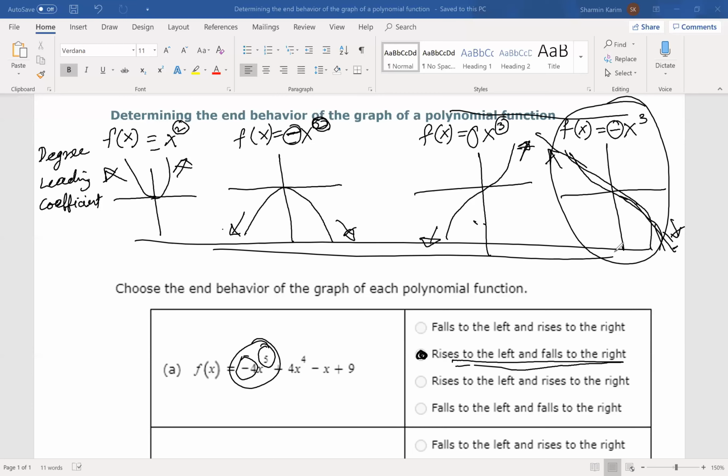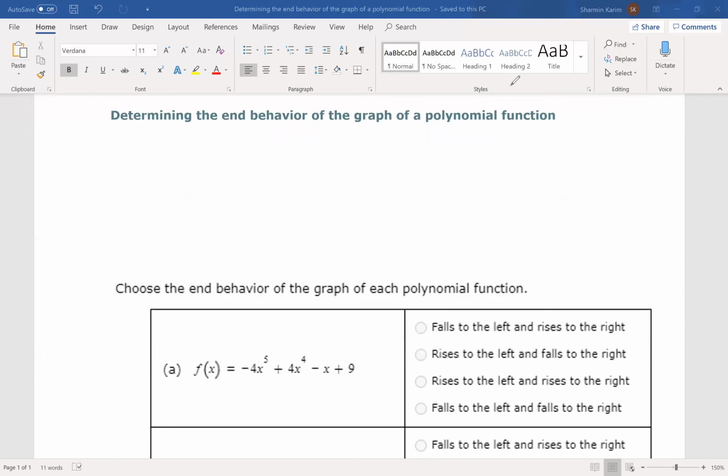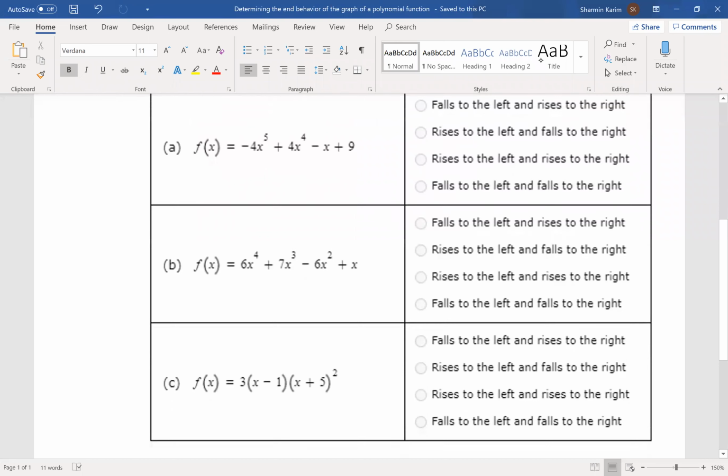Okay, let's look at more examples. Now I will clear all the drawings so you have to remember. So if I go to the second question, the leading term is this one. So the degree is odd and the leading coefficient is positive.